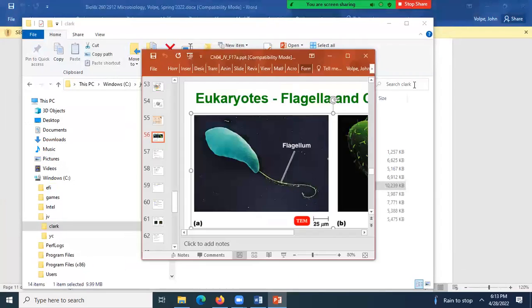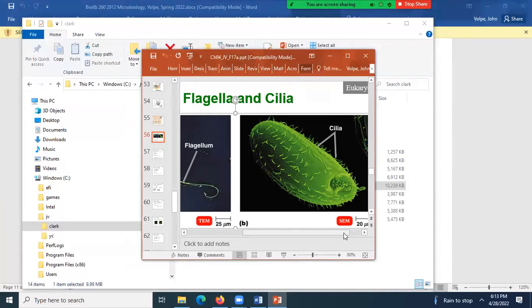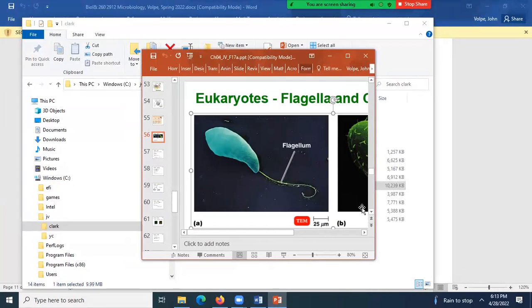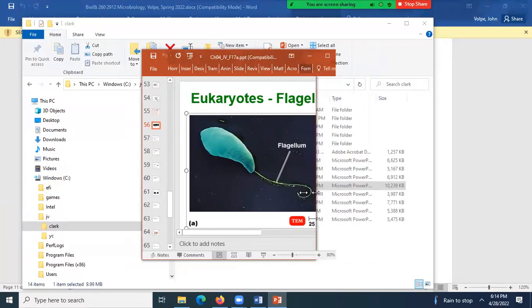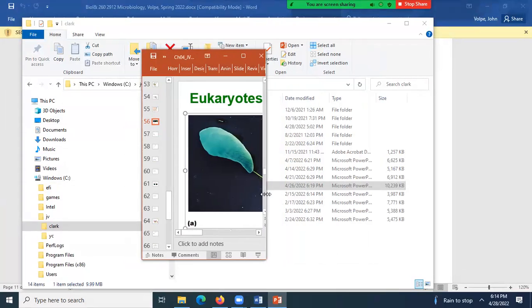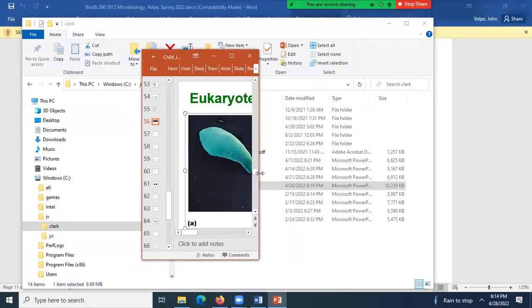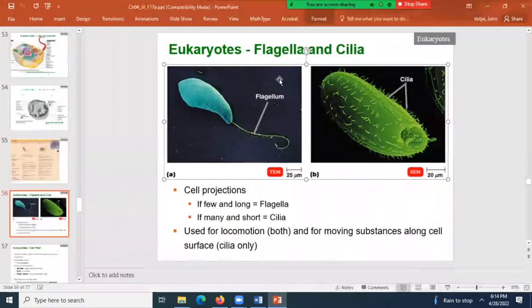This cell here, with the flagellum removed, can move by putting out its cytoplasm on this side and then pulling up cytoplasm on that side. That's how the cell can move by pseudopods. We'll talk a little bit about that later.